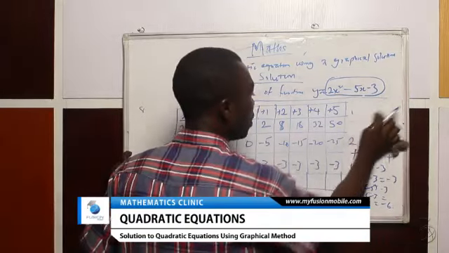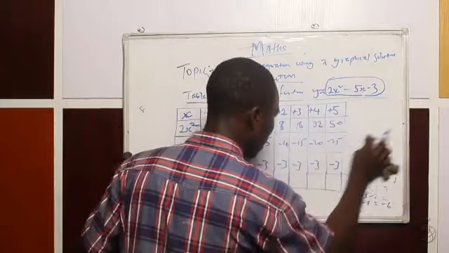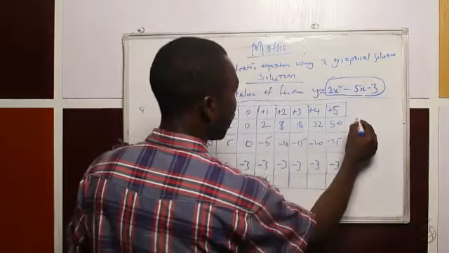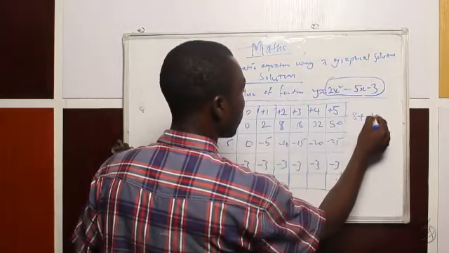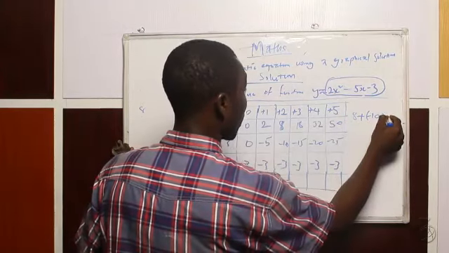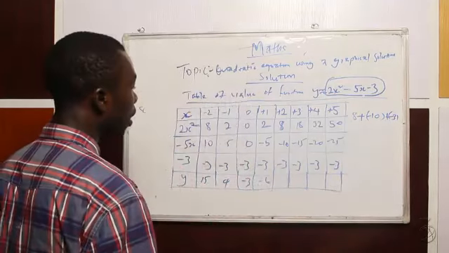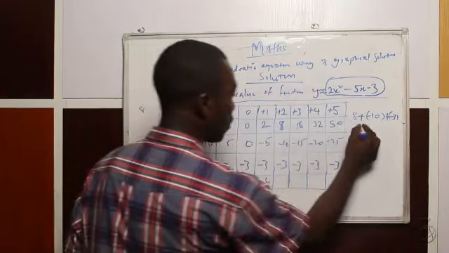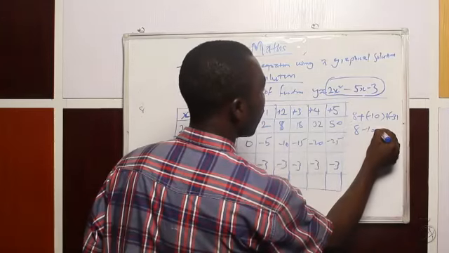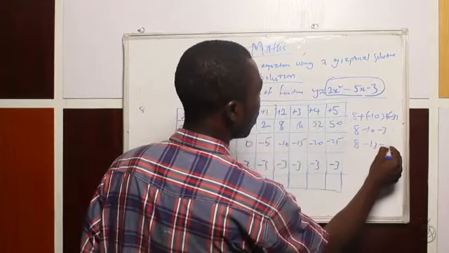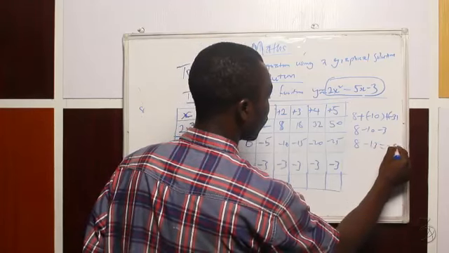Now, let us proceed by looking at this question very well. We now have 8 plus minus 10 plus minus 3. This will give us 8 minus 10 minus 3, which is 8 minus 13, which will give us minus 5.